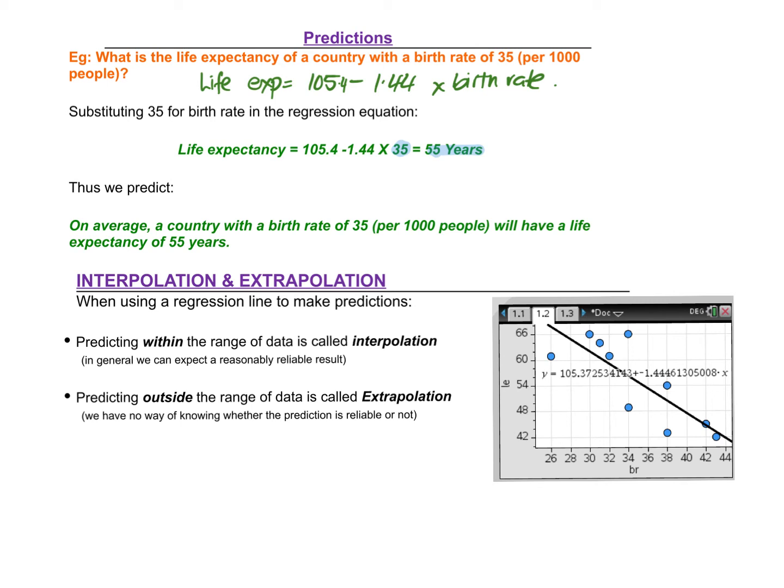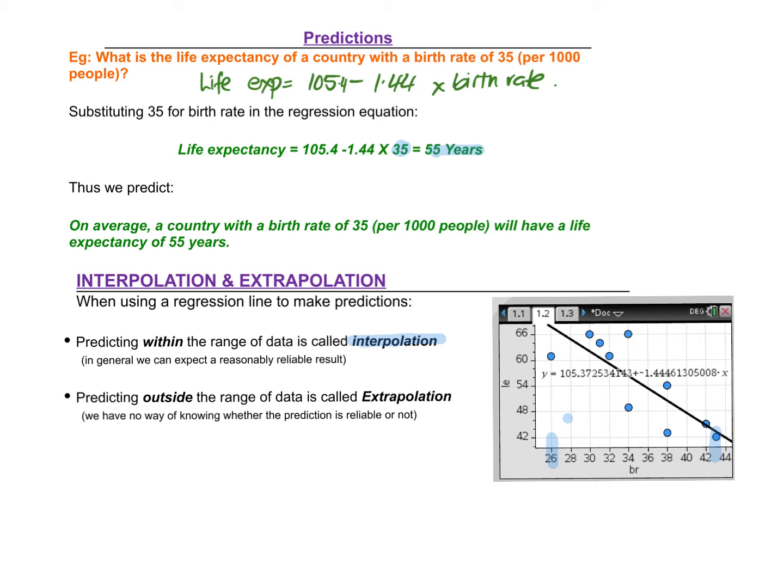Now, the next thing is they're going to ask you whether your prediction was interpolating or extrapolating. So interpolation, so inter means you're predicting within your, if you think of your EV or your X values, it's a number in between your lowest and your highest. So if you look here, 26 was about my lowest one, and up here I'm going to say about 43.